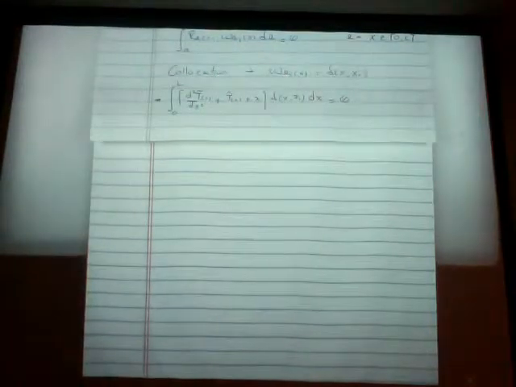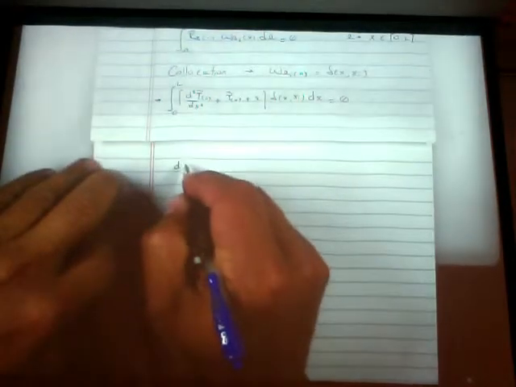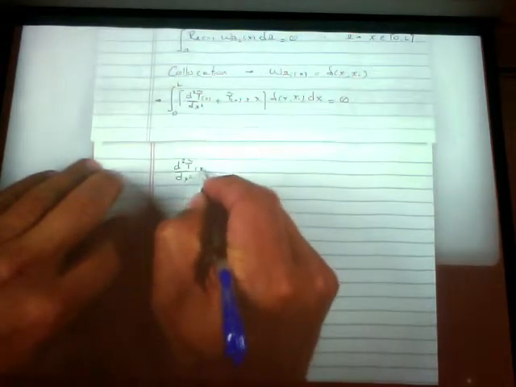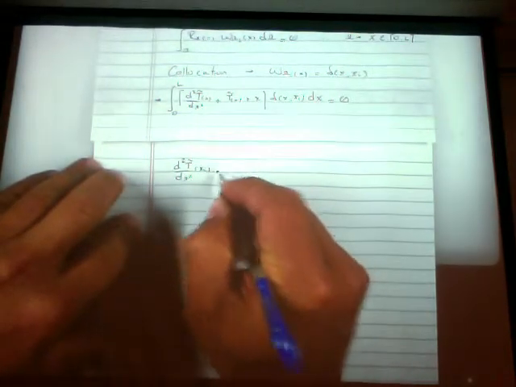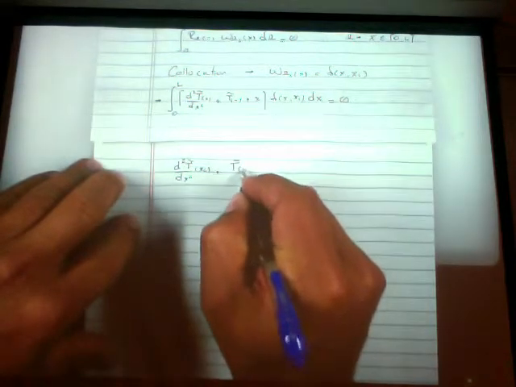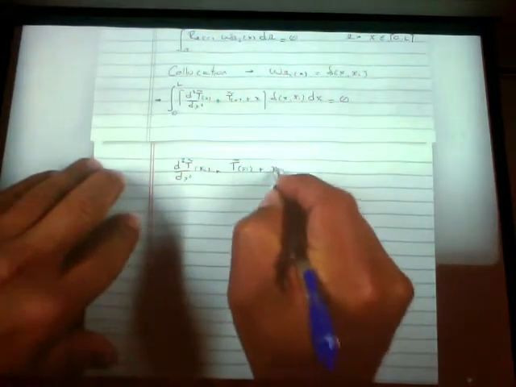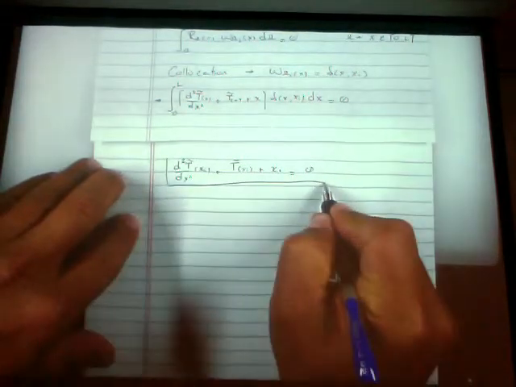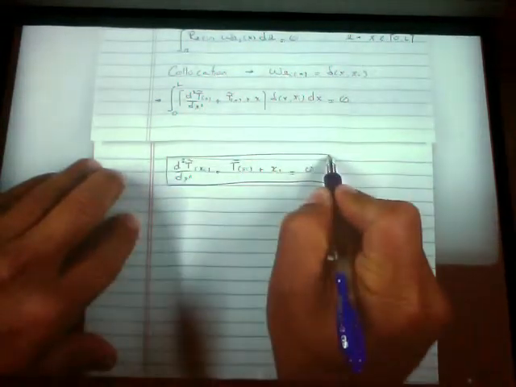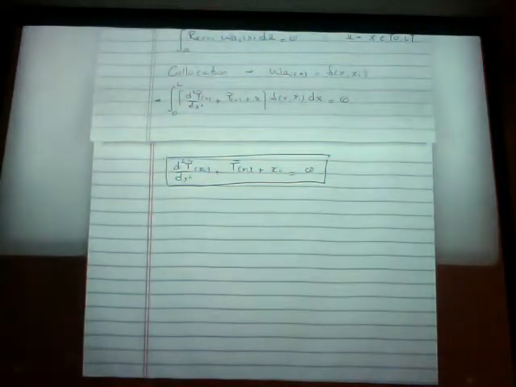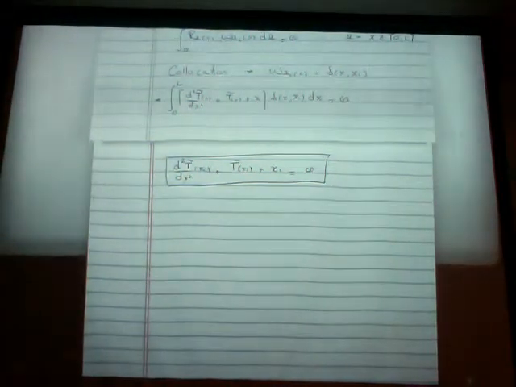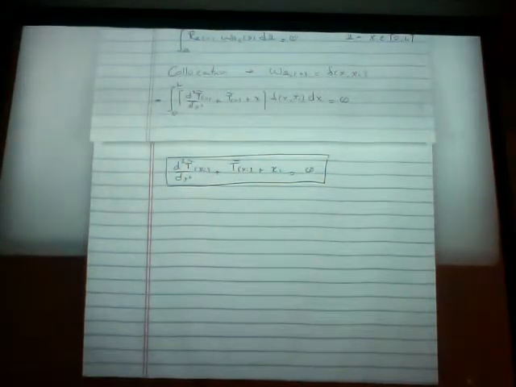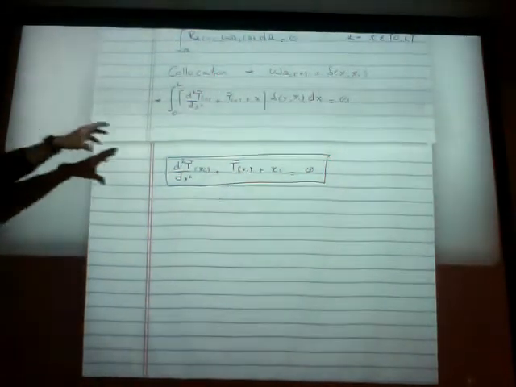So this will simply reduce to the second derivative of T squiggle, d squared T squiggle dx squared evaluated at xi, plus T squiggle of xi plus xi is equal to 0. And that is the minimization of residual in algebraic form. We've eliminated the integral, now it becomes an algebraic form. It just reduces to this.